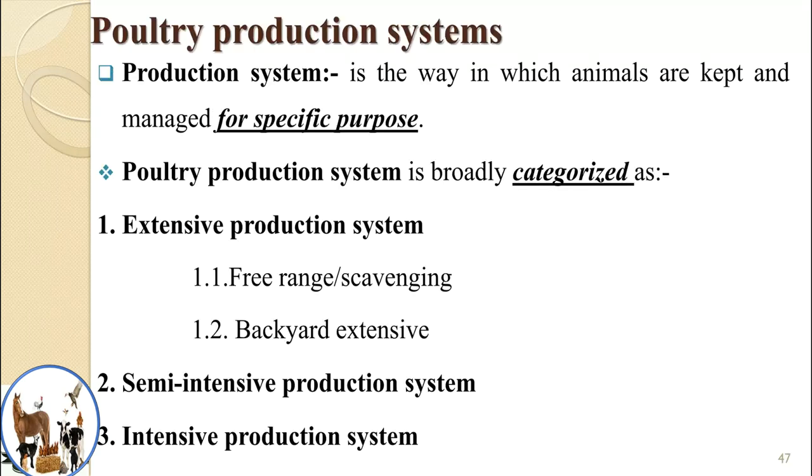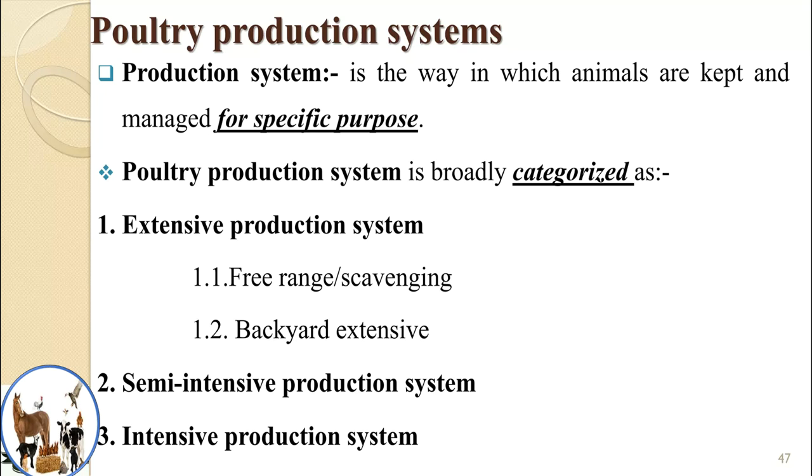Then poultry systems are the way in which animal production systems are kept and managed for a specific purpose. Poultry production is broadly categorized as the extensive production system, or backyard system.